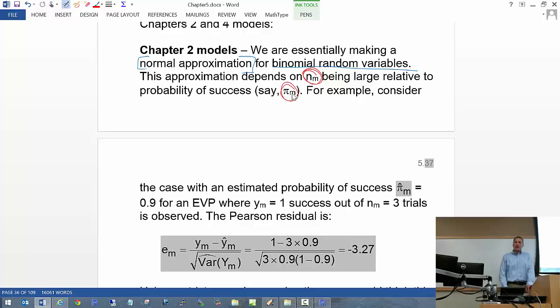If you have a low n, the approximation is going to be poor. If n was 1, I wouldn't trust that approximation at all. If pi is close to 1 or close to 0, depending upon what n is, the approximation may be poor as well. Here's why.